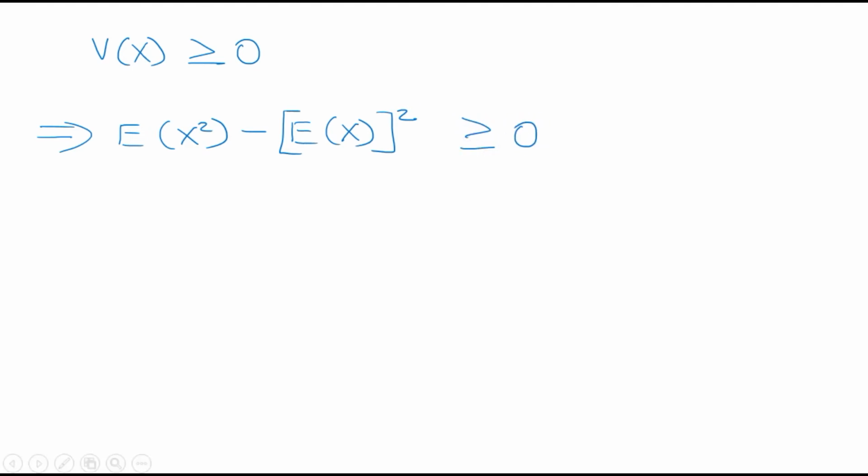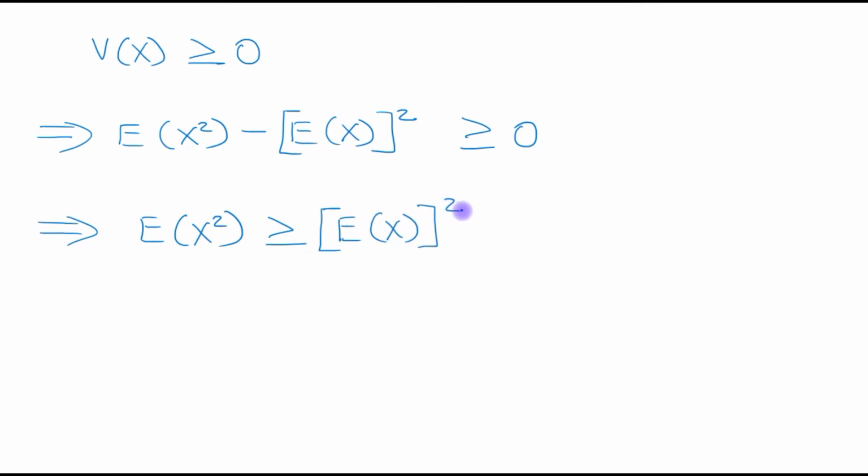So in the next step we can write it as expected value of x square minus (expected value of x) whole square is greater than or equal to 0, right? We can write variance in this form. In the next step, expected value of x square is greater than or equal to (expected value of x) whole square. Fine.